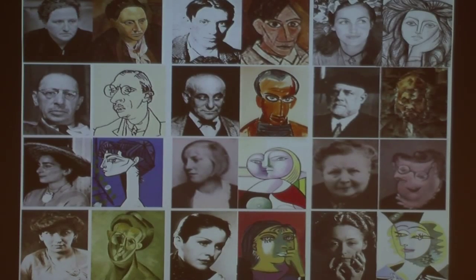Like most Picasso portraits, they look peculiar, but I've put them next to a photograph of the person they're a portrait of. This is Picasso himself, Gertrude Stein, Igor Stravinsky, wife of a friend, girlfriend, art dealer, and mother-in-law. You can see that he has extracted what's unique about each of these individuals.